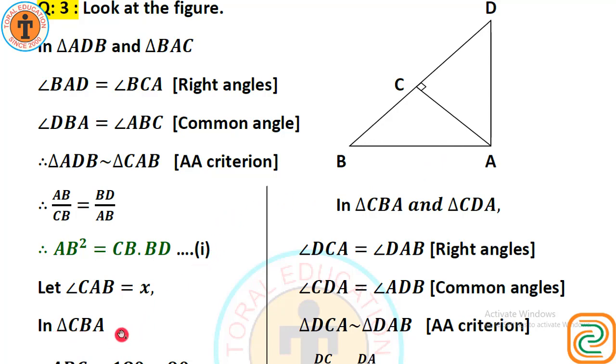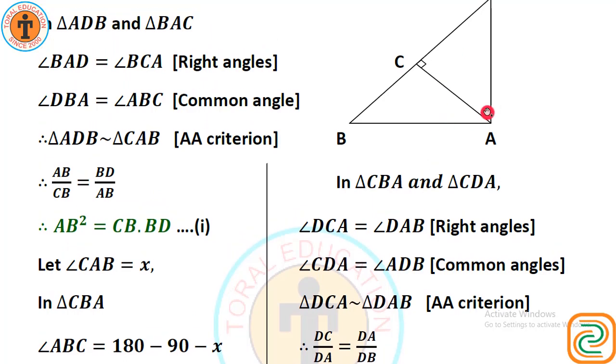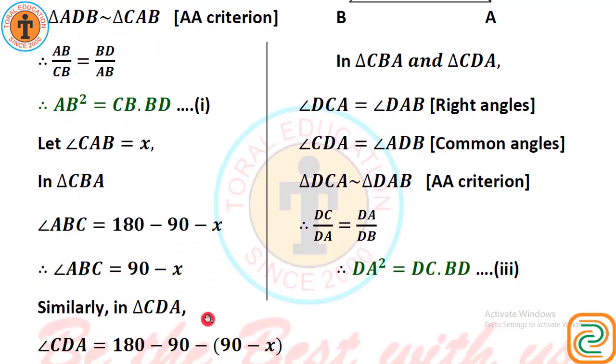In triangle CBA, angle ABC equals 180 minus 90 minus X. Look, we have taken this one X. So this angle is total 180 minus 90 minus X. So 180 minus 90 is 90 minus X. So ABC equals 90 minus X.